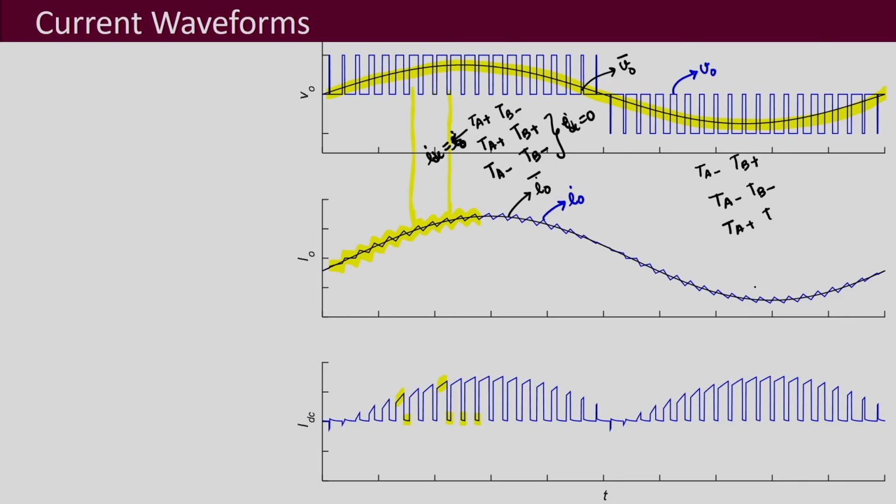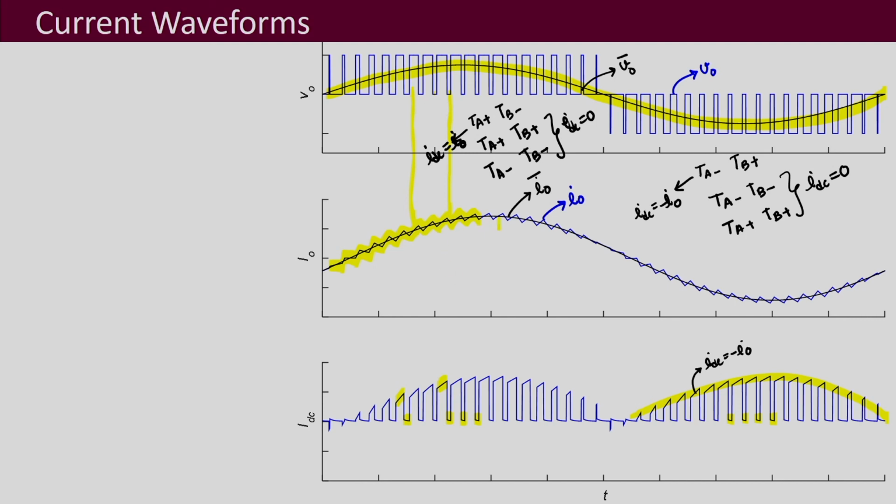Corresponding to the first combination, IDC equals minus IO, and corresponding to the other two, IDC equals 0. If you invert this waveform, it follows a similar pattern, IDC equal to minus IO, and otherwise 0.